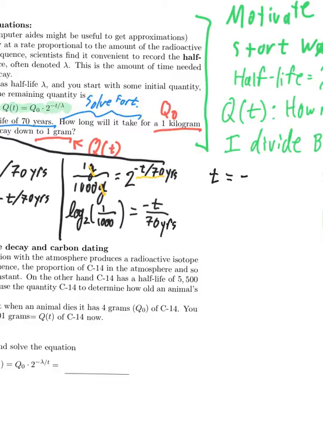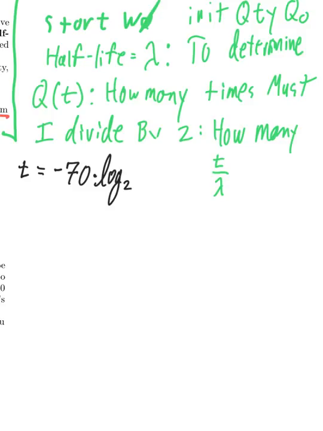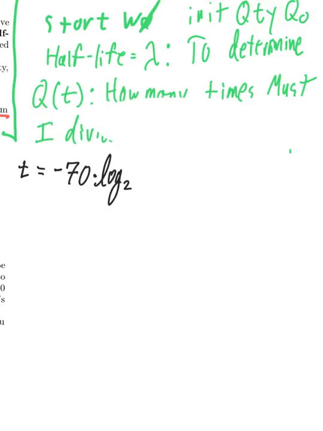So t is equal to -70 times the log base 2 of 1 over 1,000 years.